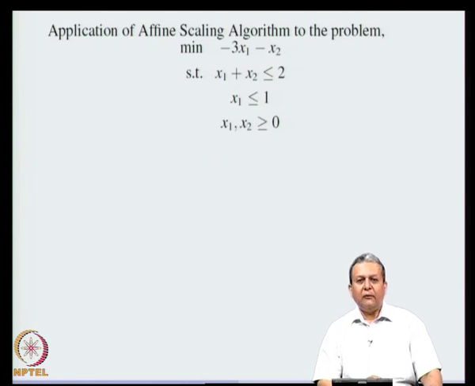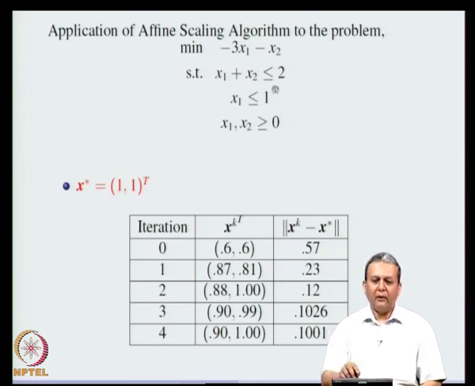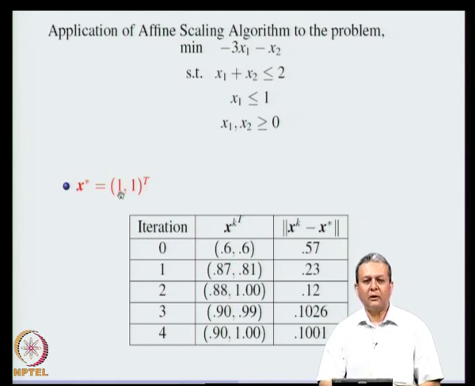So, if we apply this affine scaling algorithm to this problem, we have already seen this problem when we discussed the simplex method, and we know that the solution is 1, 1. If we start with the point 0.6, then here are the iterates generated using the affine scaling algorithm that we saw, and the last column denotes the Euclidean distance between the current iteration point and x star, and you will see that the distance of the current point from x star keeps coming down as the algorithm makes progress.